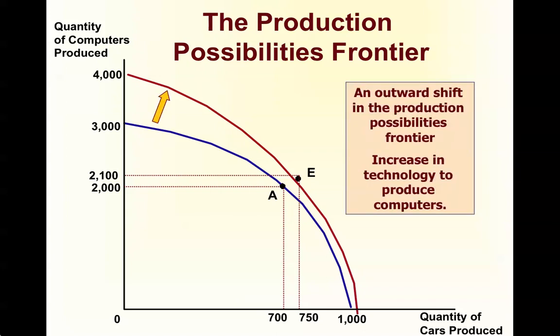In this case, we had an outward shift, a shift to the right of the production possibilities frontier, so there was an increase in technology that enabled the factory to produce more computers and more cars than before. Maybe it was robotic technology that made the individual workers more productive so that they could make more of both computers and cars. Okay, this is going to end the second part.